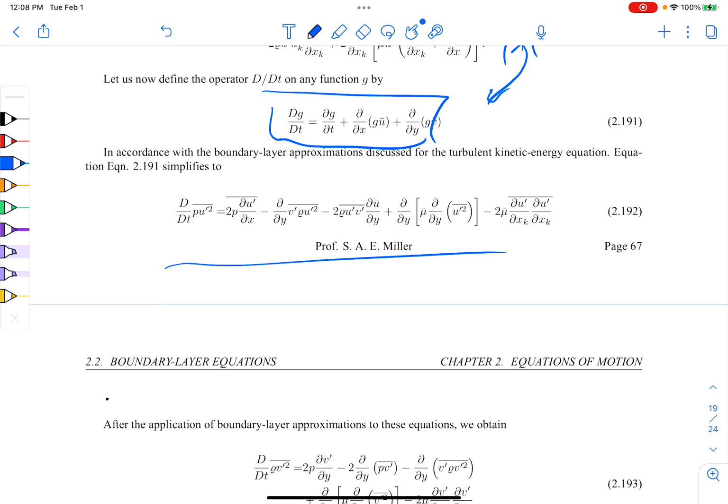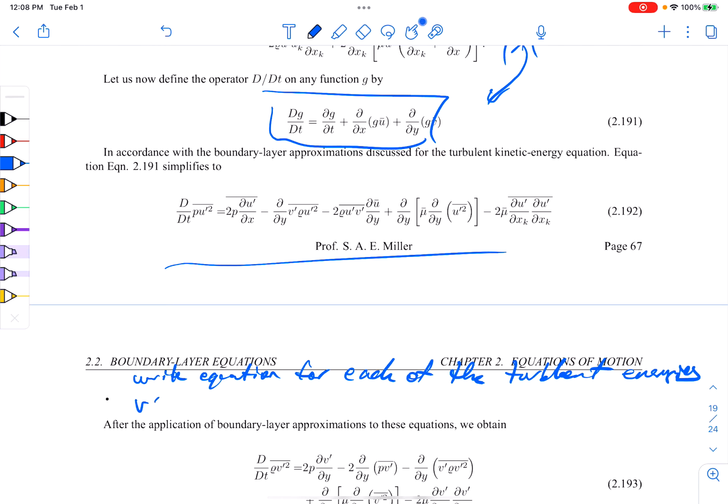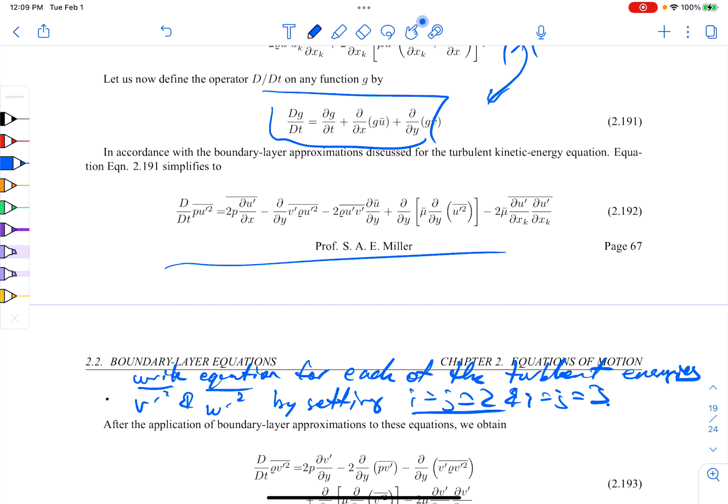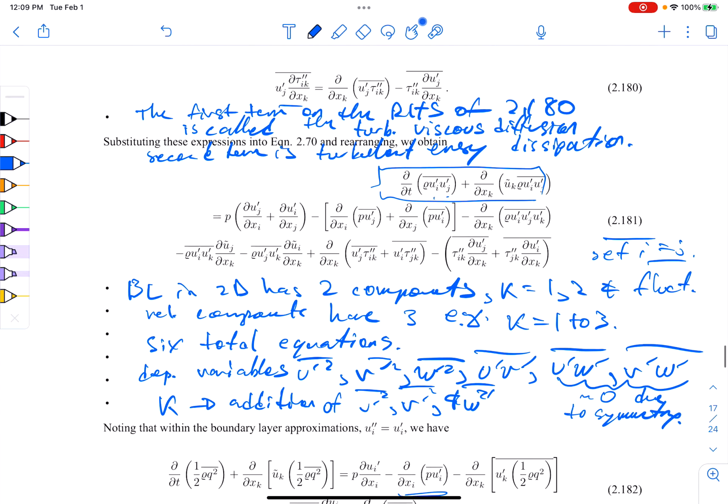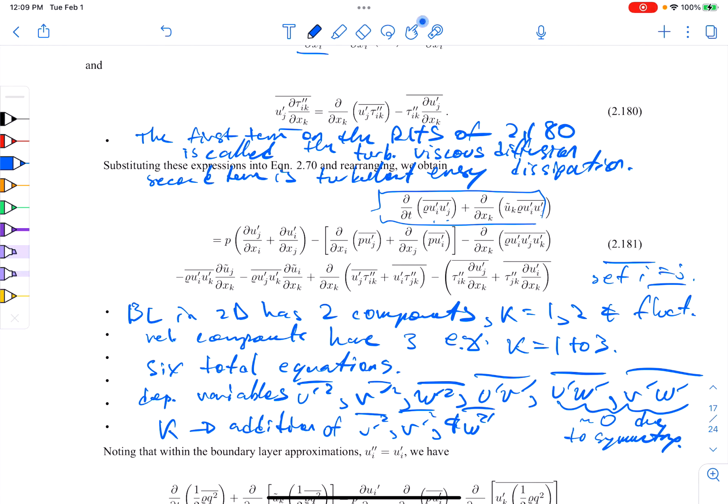Well, we can write an equation for each of the turbulent energies, which are V prime squared bar and W prime squared bar, by setting I equals J equals 2 and I equals J equals 3 in 2.81, which I'll just go up here to remind you, 2.81 way up here, which is our Reynolds-stress equation.